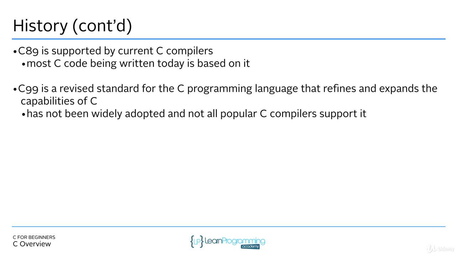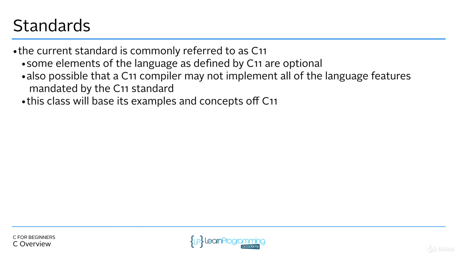C99 was a little revision where it expanded on some of the functionality and capabilities of C. It hasn't been widely adopted, and not all the compilers support it. But we'll be focusing mainly on C99. The current standard is commonly referred to as C11, 2011. It's not used as much, but it does have a lot of cool features.